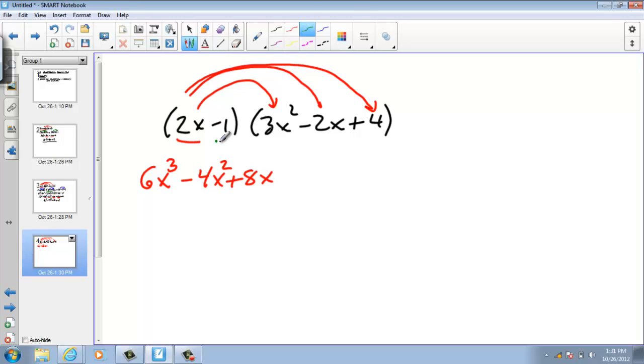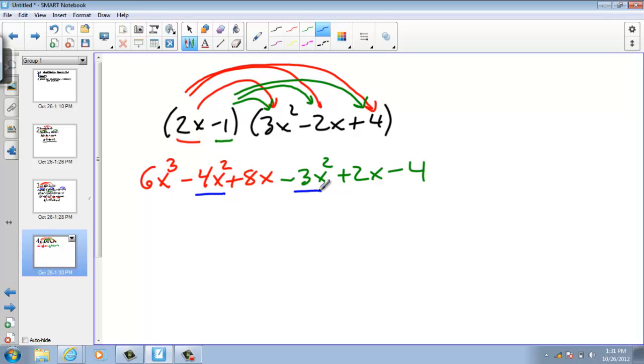Then take the second term in the binomial and distribute that to the trinomial. And I get, be careful here with the sign, minus 3x squared plus 2x minus 4. Now let's look to collect like terms here. Those are like.